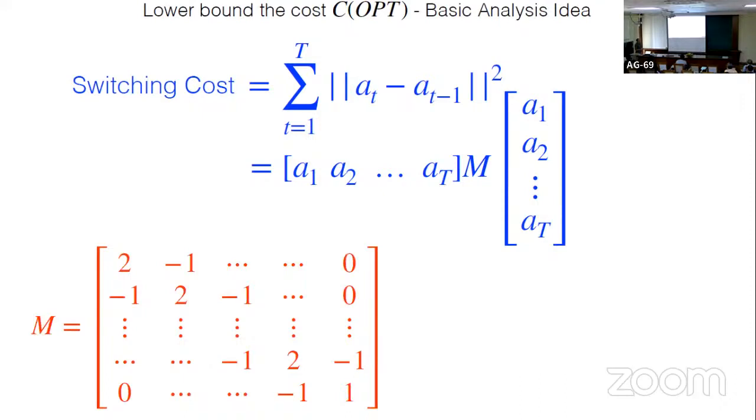It's not circular except for a few things. The first row and the last row are not circular, but the rest of them are all circular. And this was very helpful. This circle theorem was very useful to characterize the eigenvalue. This was essentially the way we computed the lower bound.